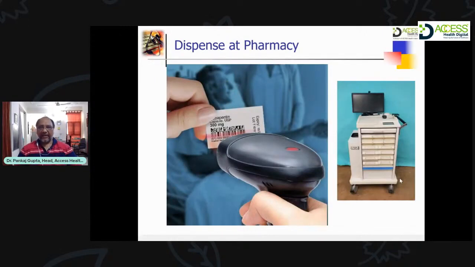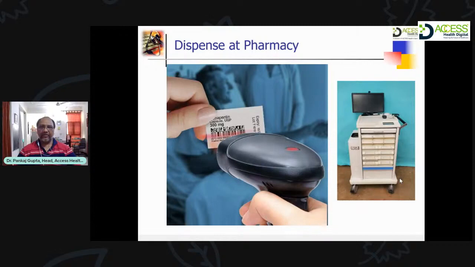So the next stage is at the pharmacy. The order has already arrived in the pharmacy system. Now the pharmacist prints a barcode and labels the sachet or the packet or the tray on which the drug is being put, and then scans that barcode so that the unique number of the barcode is connected to the order that came from the physician and to the patient.